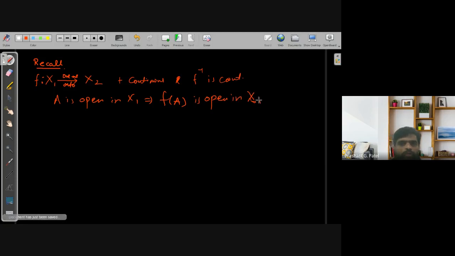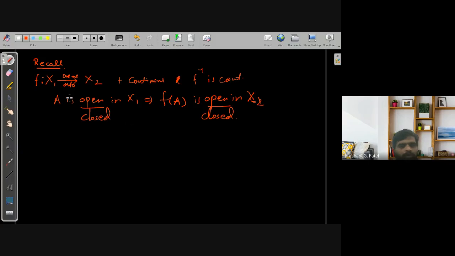If you remove the condition that the inverse is continuous, this statement will not be true. The same statement we have proved for closed sets also. Then we defined a closed map and an open map. An open map is a map satisfying this condition: A is open implies f of A is open. A closed map will have the same.